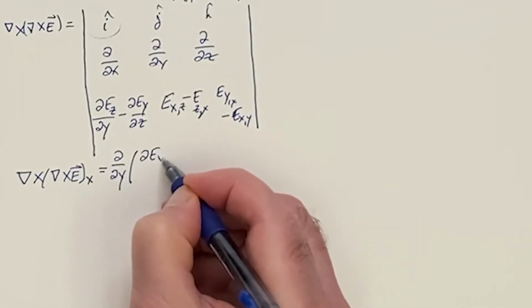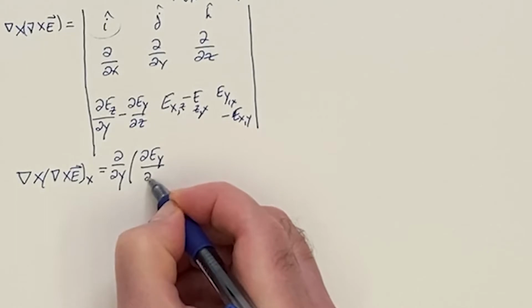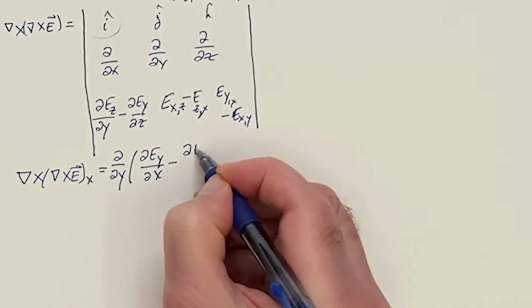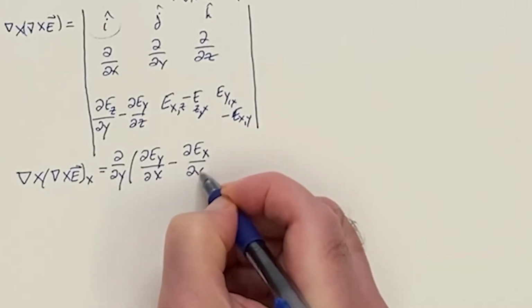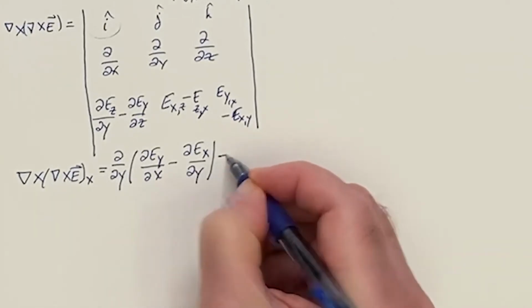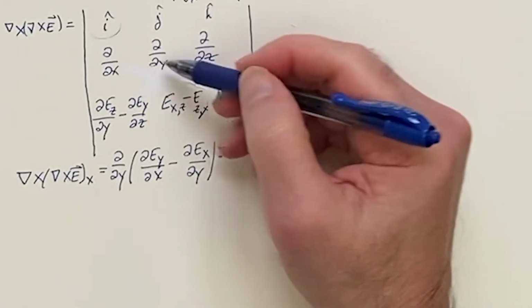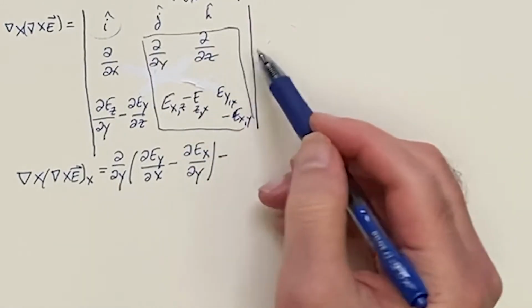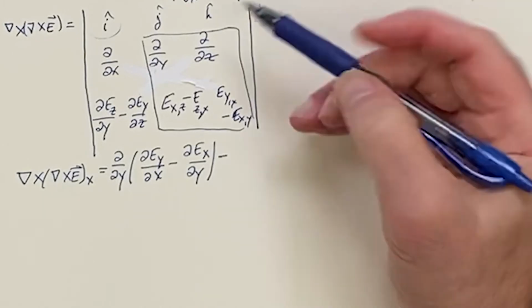This is Ey with respect to x, and then minus the Ex with respect to y, and then subtract. So for the i hat, we're working with this grouping, or a cofactor, like in determinant terminology.